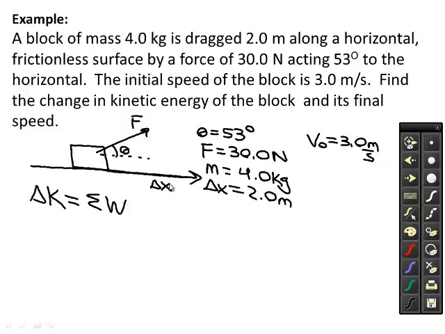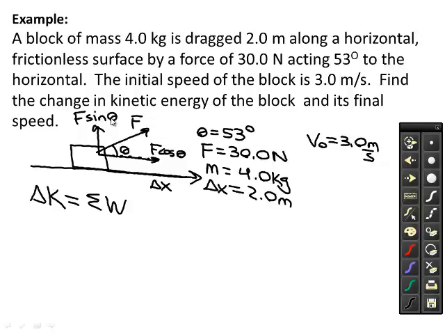In other words, I'm going to take this force and break it down into 2 components and say, look, F cosine theta is the amount of force that is in the direction of motion. So that's actually adding to the kinetic energy of the block. The other component, F sine theta, we're going to discard because it is perpendicular to the direction the block is moving.